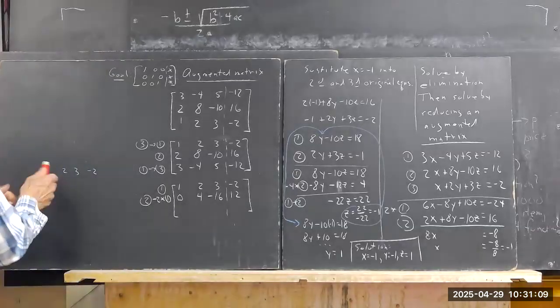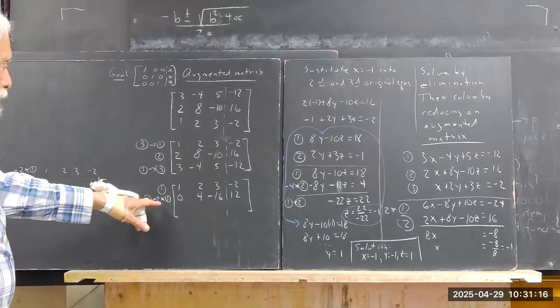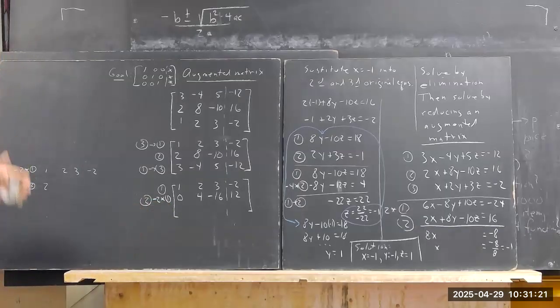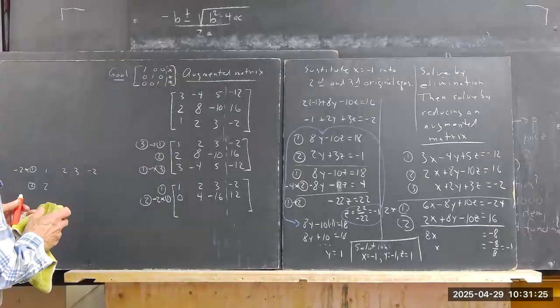Let's do negative 2 times row 1 added to row 2, well, row 2 minus 2 times row 1.